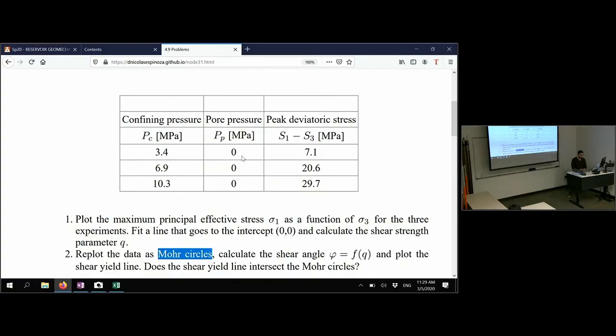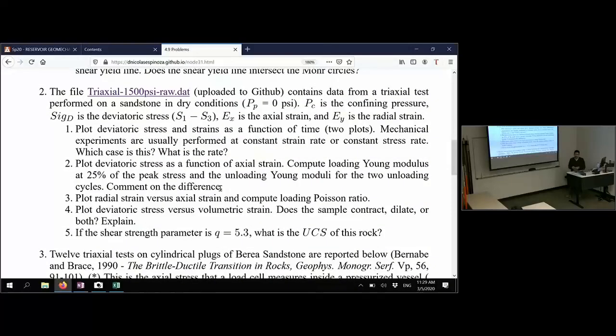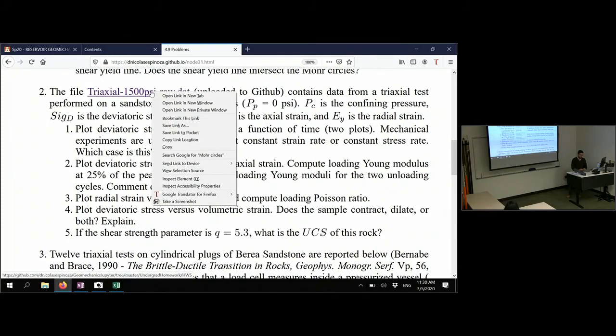All right, problem number 2. Problem number 2 is a triaxial test that was done in the research laboratory, which is across the hallway. And you're going to have to download this file over here.